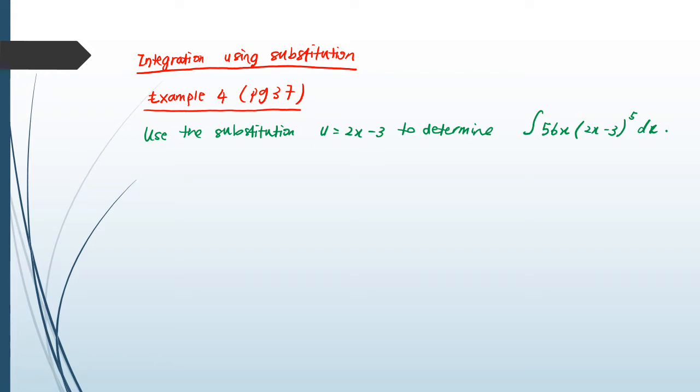When we talk about substitution, we mean changing all the x terms into u terms. Given u equals 2x minus 3, differentiating u with respect to x will give you 2. So what should we do next?